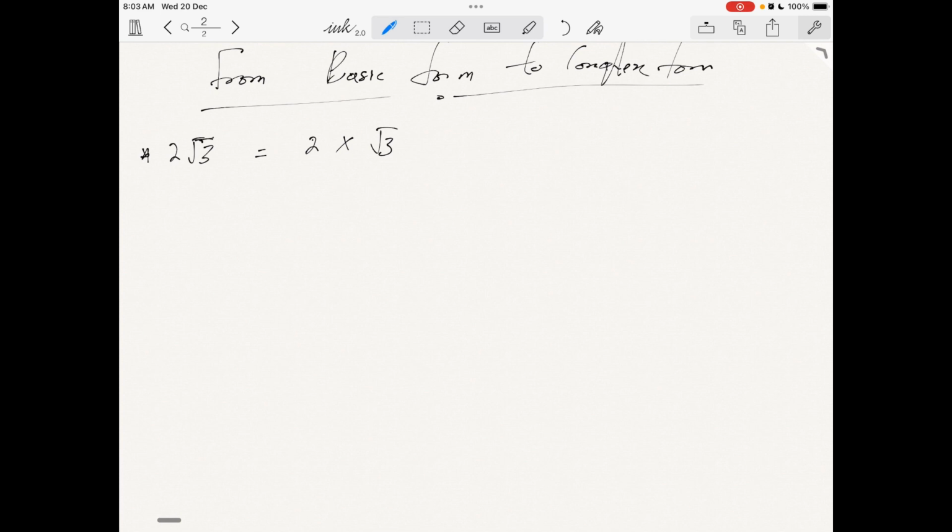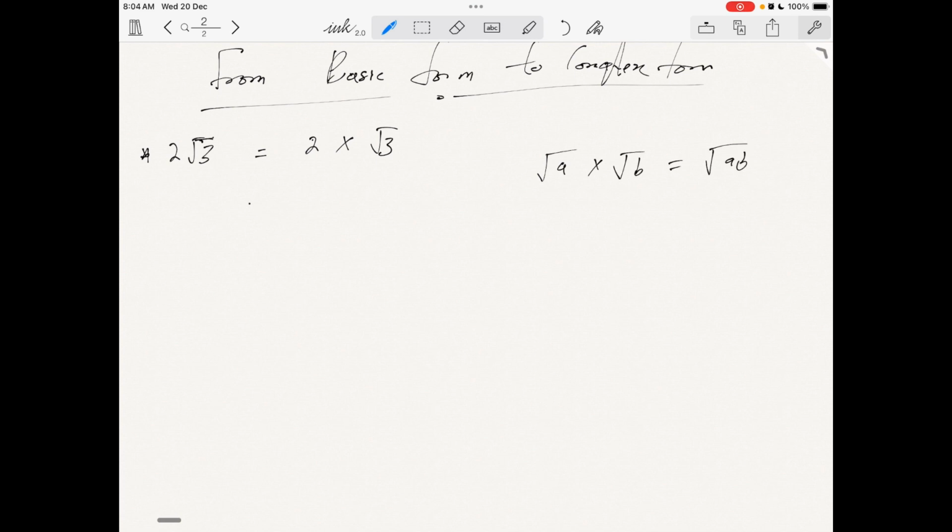Okay, now it's like we're going back in reverse order. Remember that root a multiplied by root b is equal to root ab.